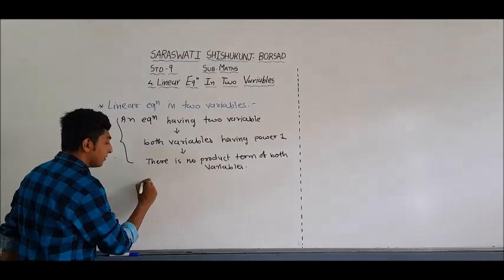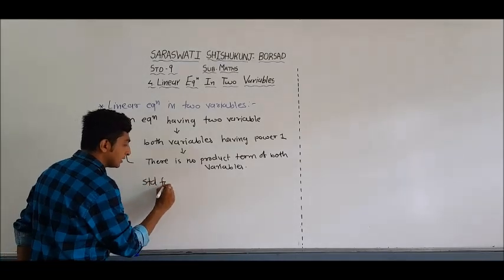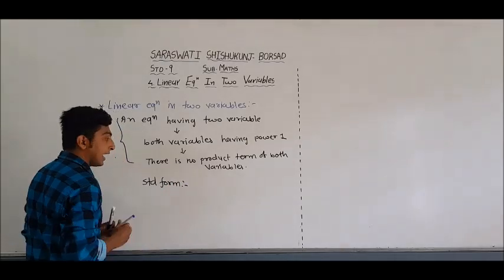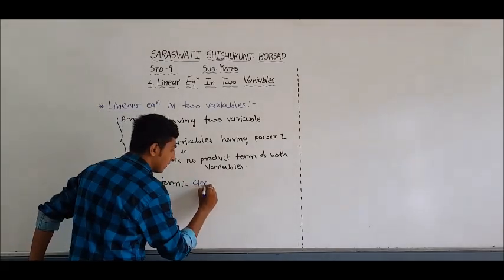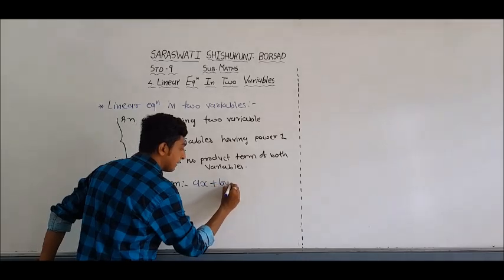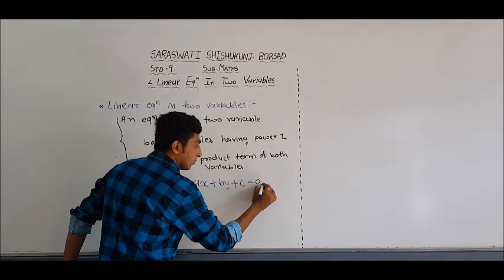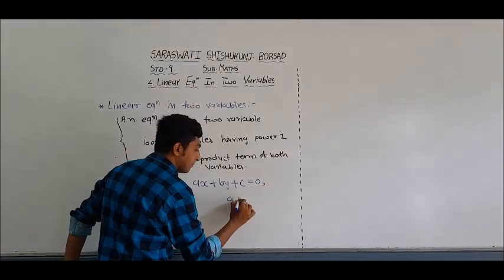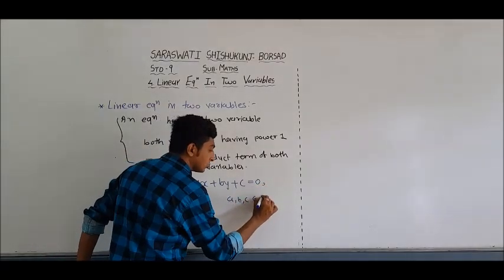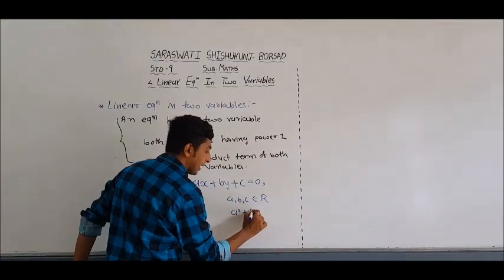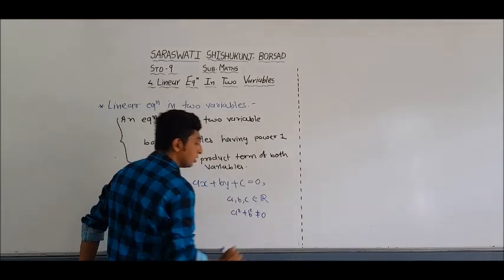What is the standard form? The standard form is ax plus by plus c equal to 0, where a, b, c belong to R, that is real numbers, and a square plus b square is not equal to 0.